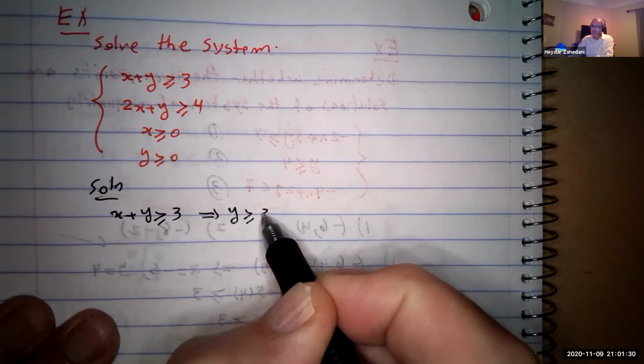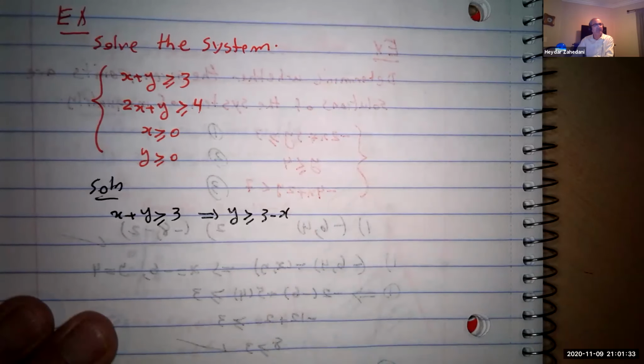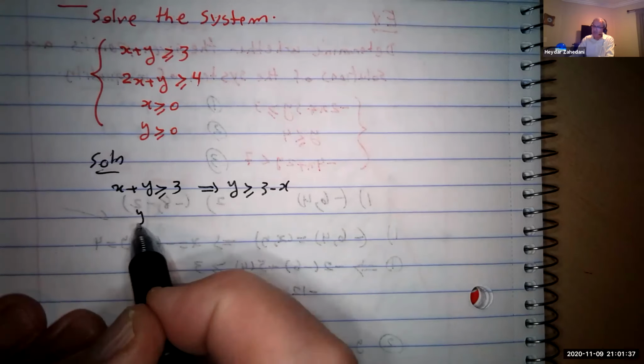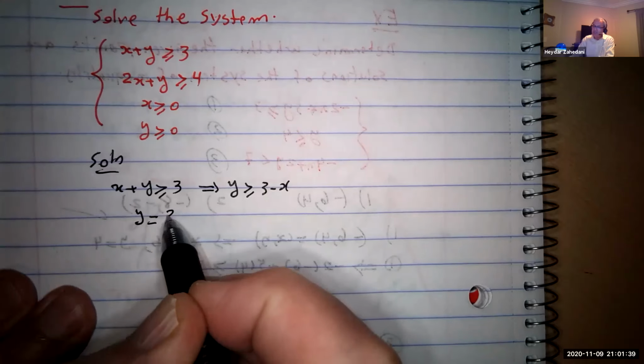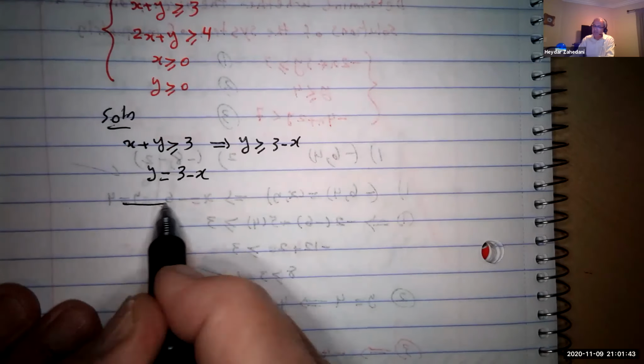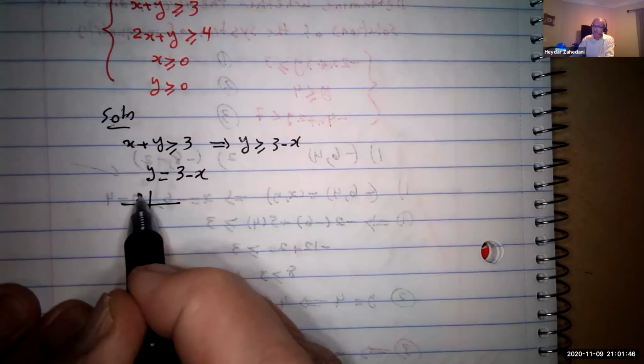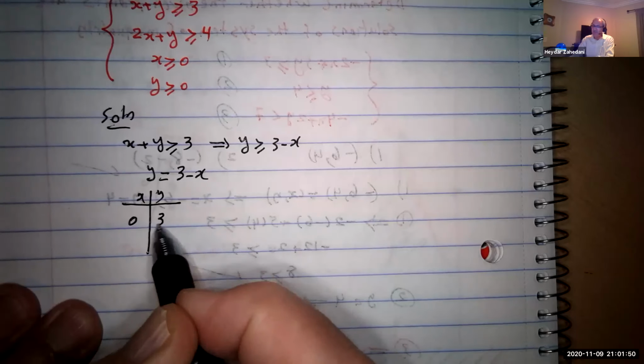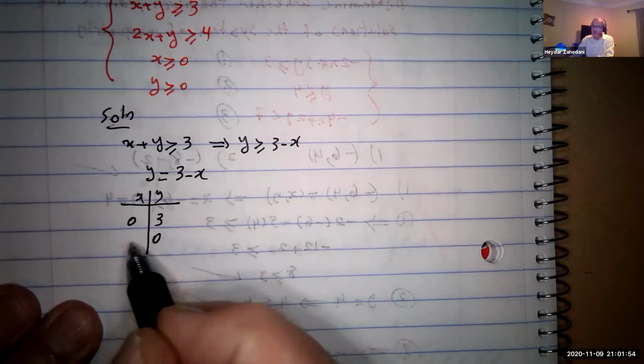You don't have to. Get a couple of points for this one. y equals 3 minus x. Go with the intercepts, that's easier. Put x equal to 0, y would be 3. Put y equal to 0, x would be 3.